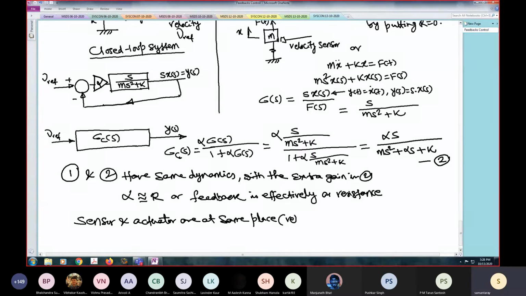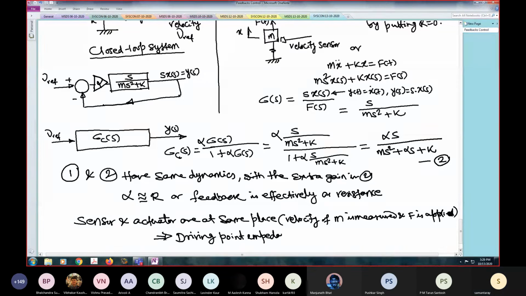We are measuring velocity of M and F is applied. When you have such a situation, this is called driving point impedance control. Driving point means wherever you are measuring, at that same point you are applying some kind of force.